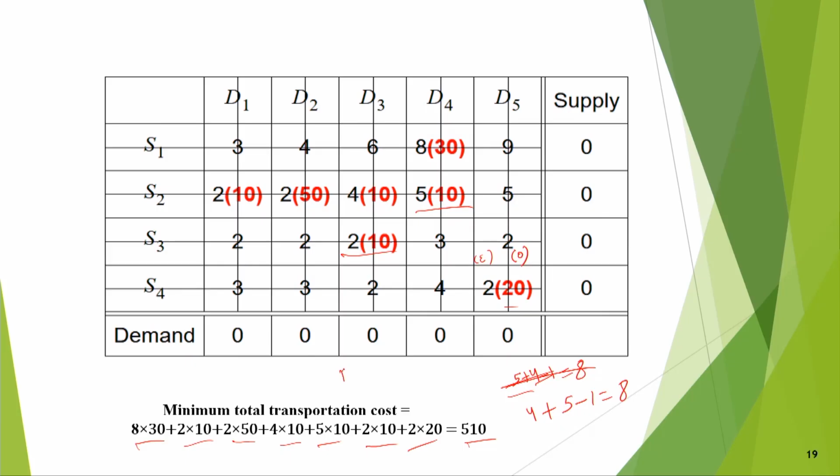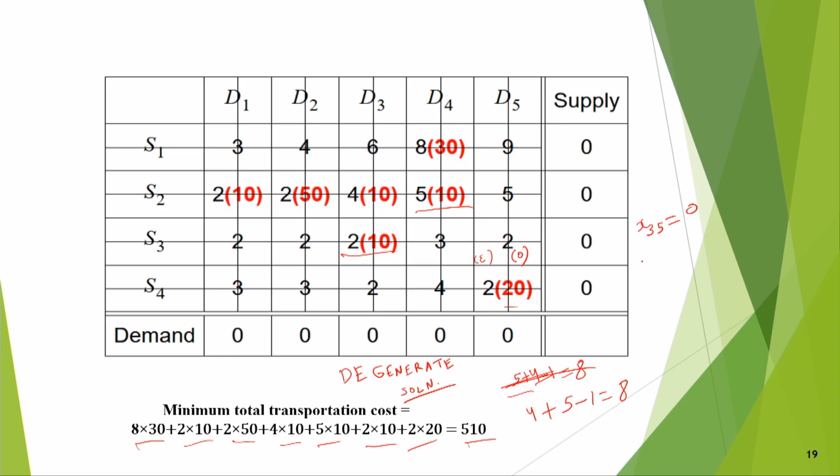It is a degenerate solution because one basic variable is 0. This is the third row and this is the fifth one, so x35 is basically 0.